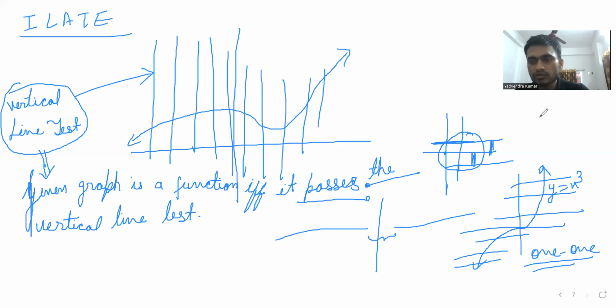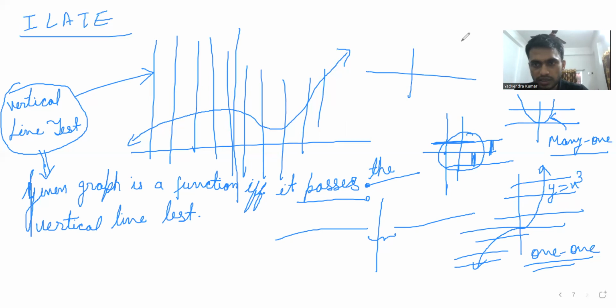And consider y equals x square. Here at one y, we are getting multiple x. So this is actually a many-one function. And don't get confused with this: if we are given x equals y square, this is not a function.